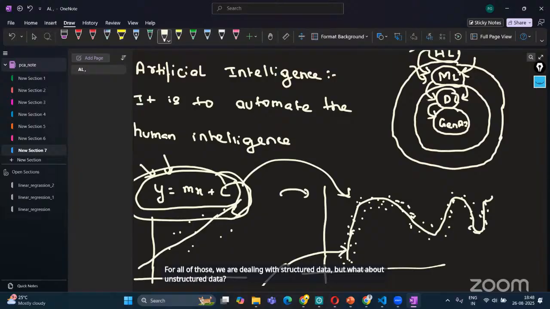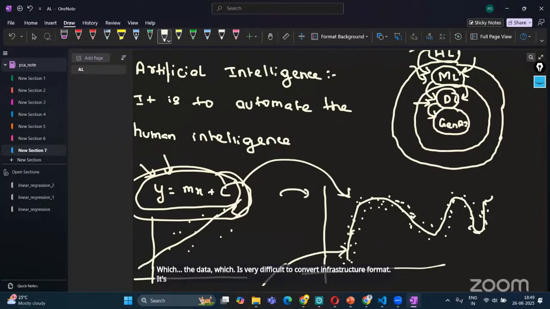What about very complex data? To deal with those, we came up with the idea of deep learning. In deep learning, we basically deal with audio, image, video, and text, data which is very difficult to convert into structured format.